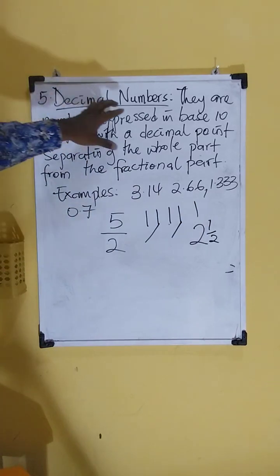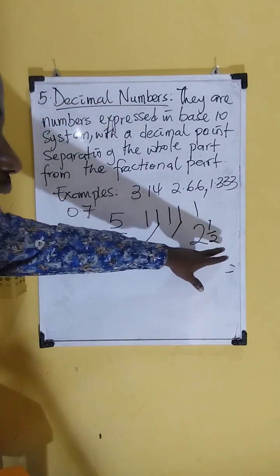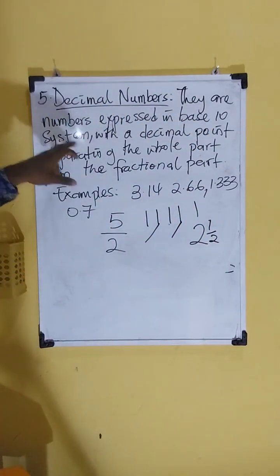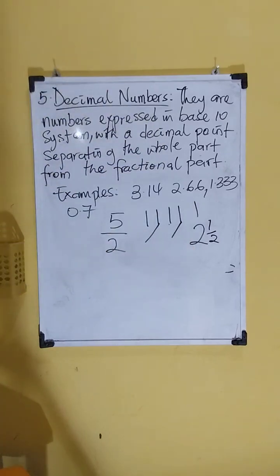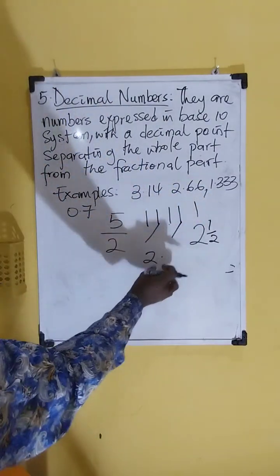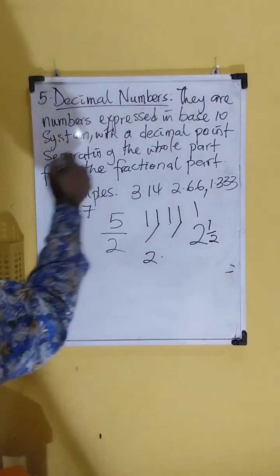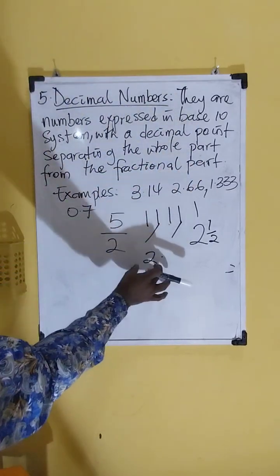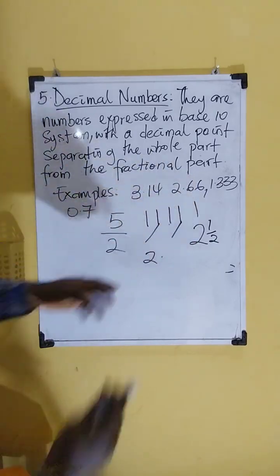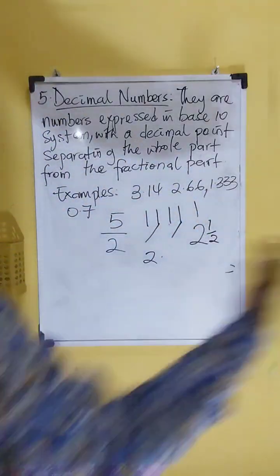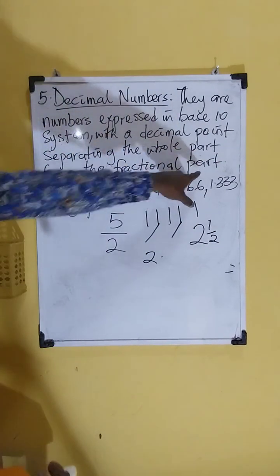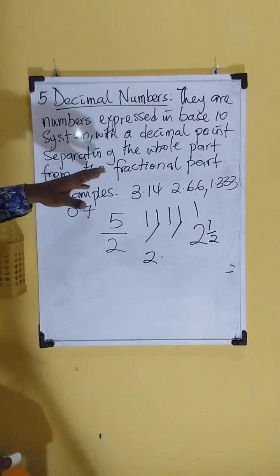So a decimal number, you can be told to express this in base 10 system. What this means is you bring 2 first, which separates the whole part. 2 is the whole part. You are separating 2 from the fractional part.